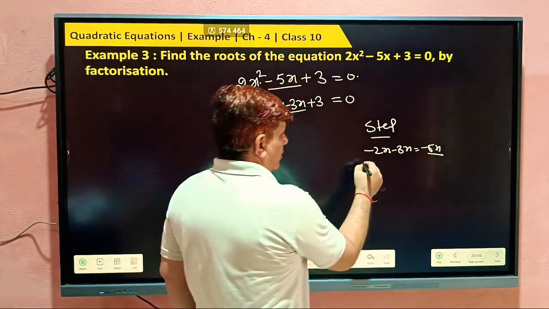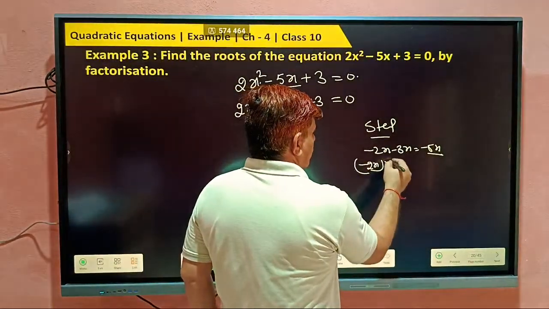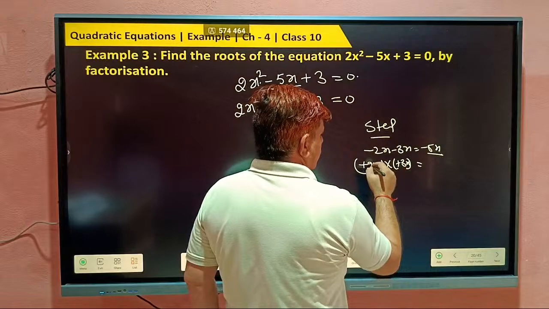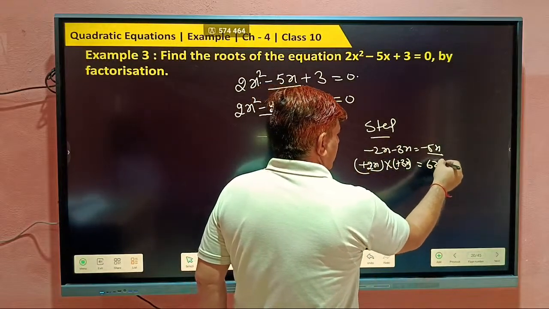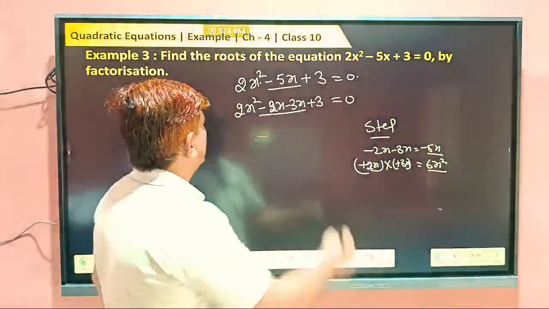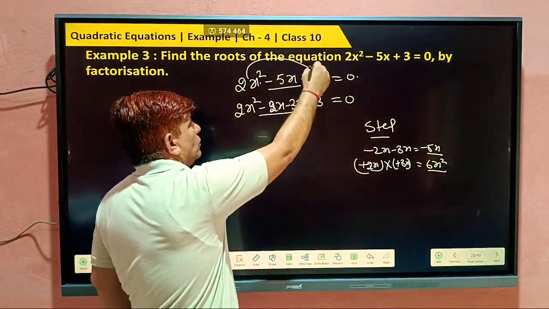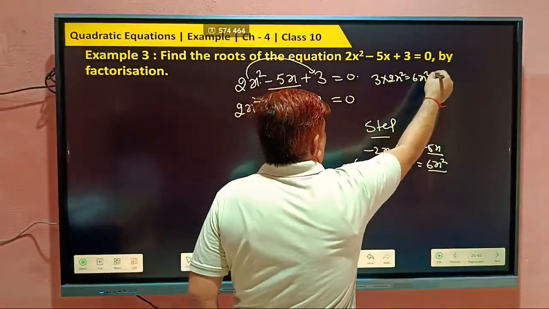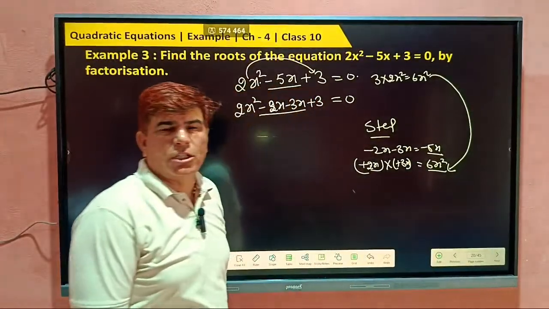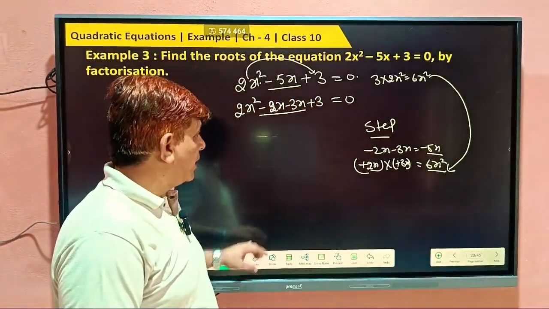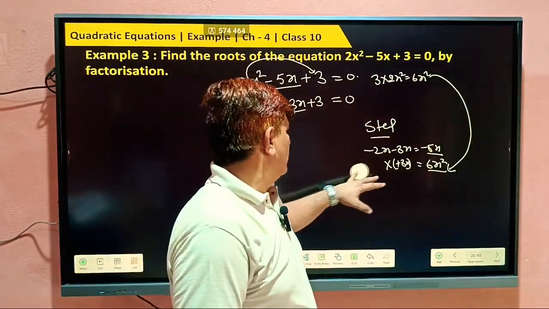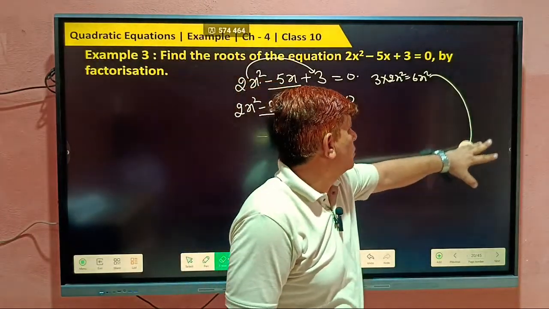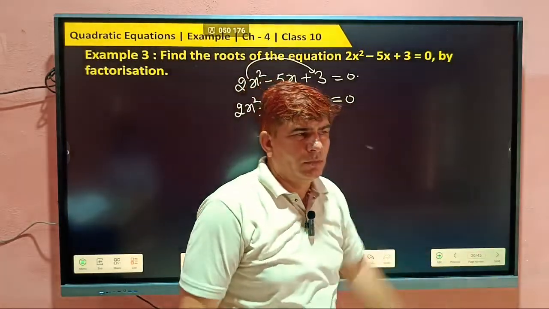Then their product: minus 2x into minus 3x. Minus multiplied with minus becomes plus, 2 multiplied with 3 is 6, x multiplied with x is x square. This is 6x square. What's the multiplication of these two? 3 into 2x square is equal to 6x square. If both are equal, this is your step number 2. It means the way of making the roots is right.